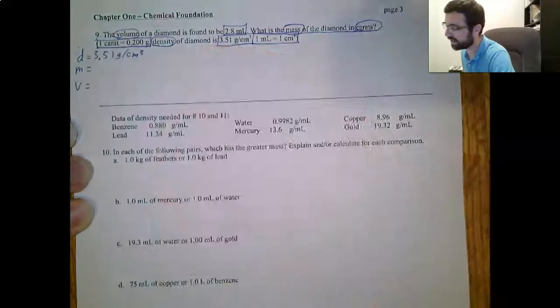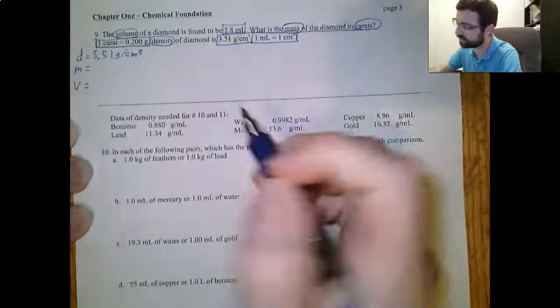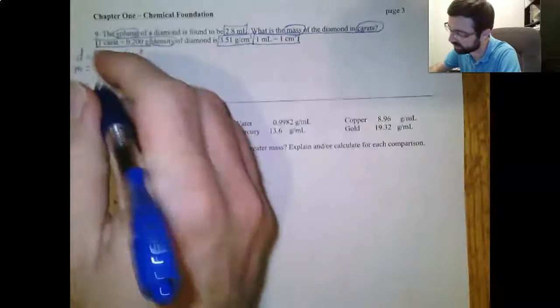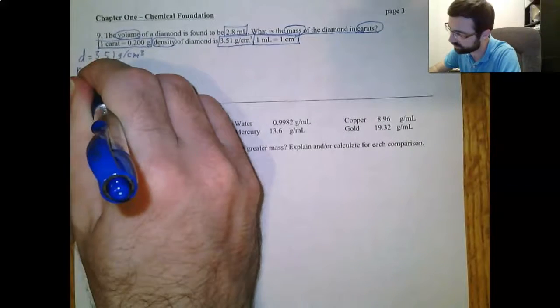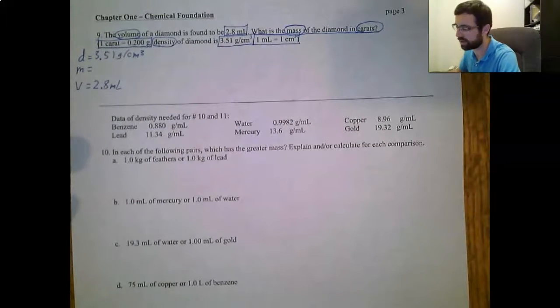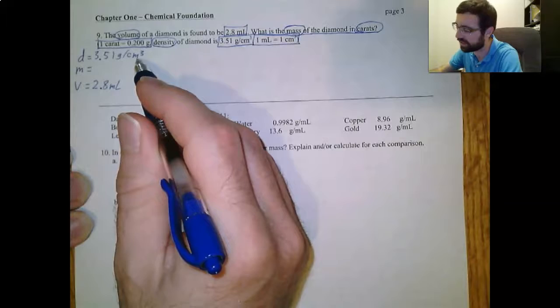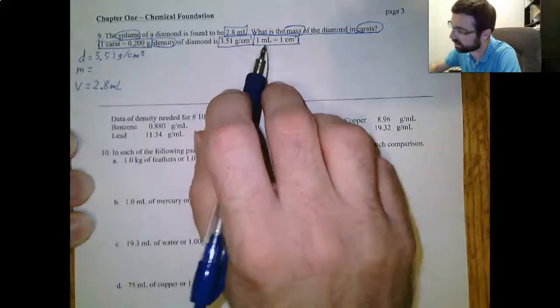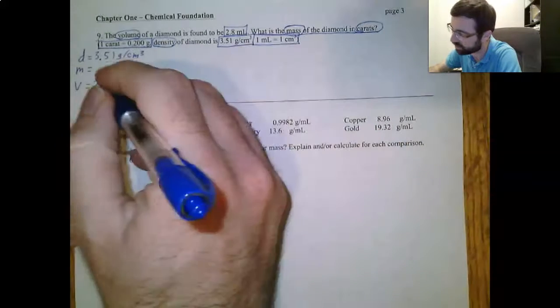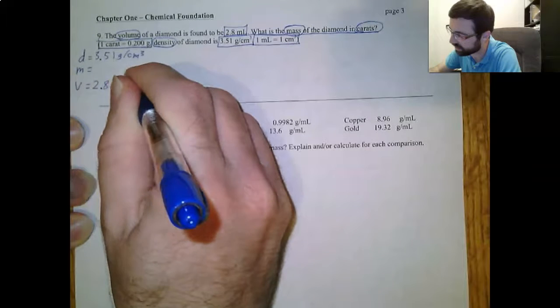Okay, it gives me the volume, 2.8 milliliters. Always check that your units match. Oh no, that's centimeters cubed. Well, we know that 1 milliliter equals 1 centimeter cubed, so 2.8 milliliters also equals 2.8 centimeters cubed.